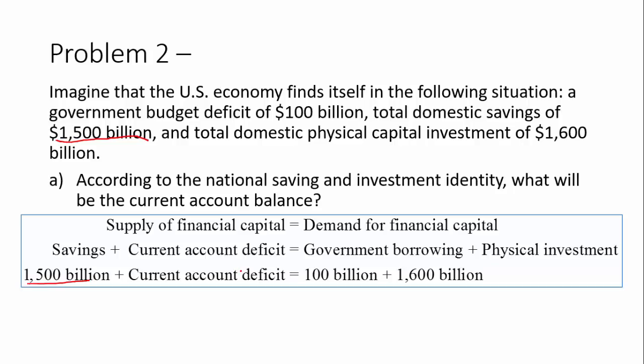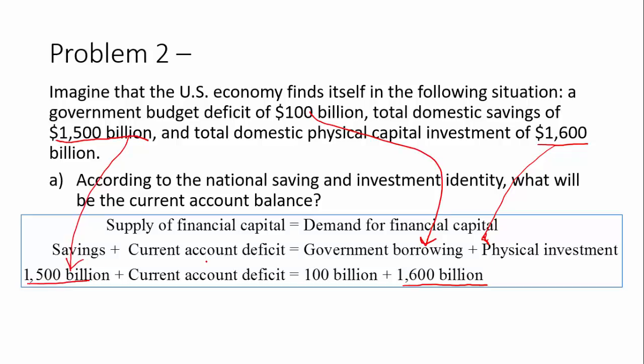On the other side, we see that total domestic physical capital investment is 1,600 billion, by businesses, individuals, all of that. And up here, 100 billion is our government deficit. That's going to come down in here, and then there are 1,500 billion right here.